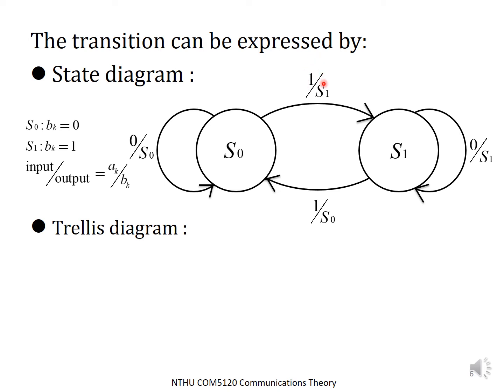Whenever there's an input of 1, the state will make a transition. Otherwise, the state has no change.